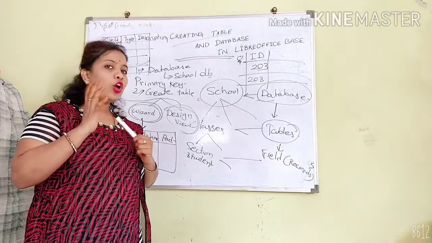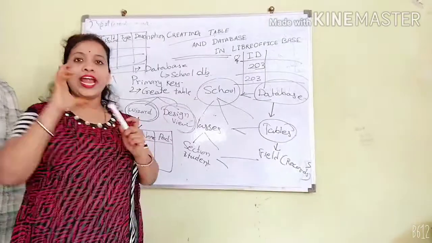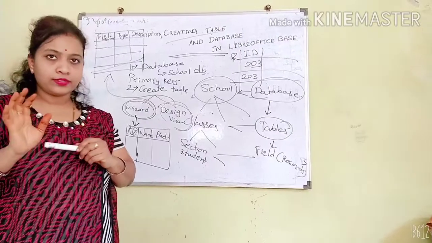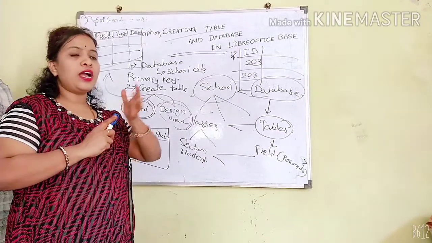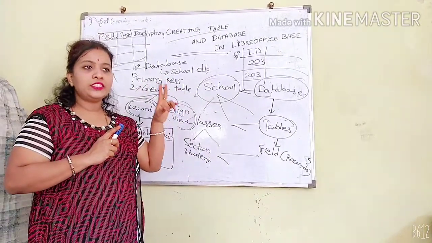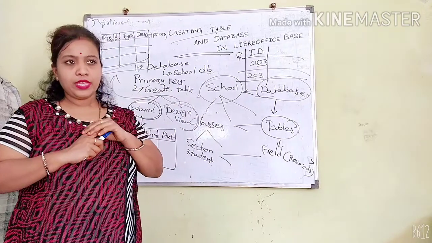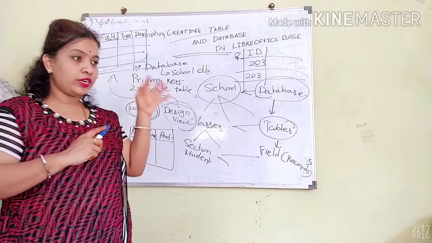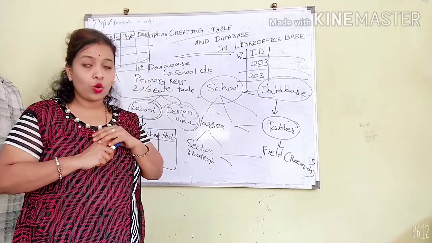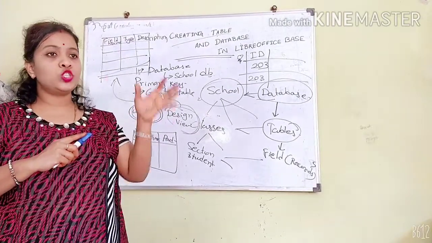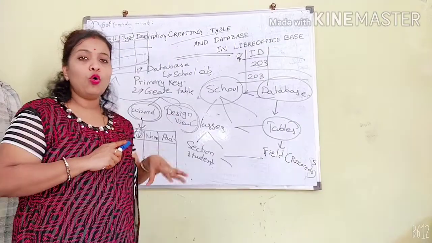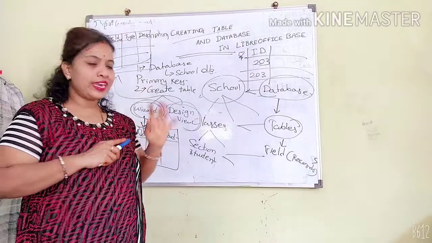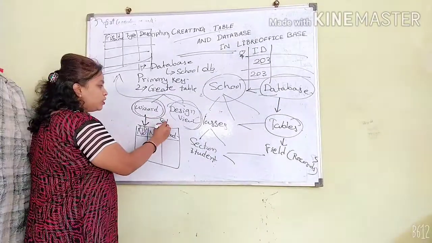For example, in your student table, the roll number is not repeated for the whole year. Like I am taking a number, 8103. Sorry, I'm not taking the admission number, I'm taking the roll number. That roll number is not repeated for the whole session. You will not get 8103 from any other section.